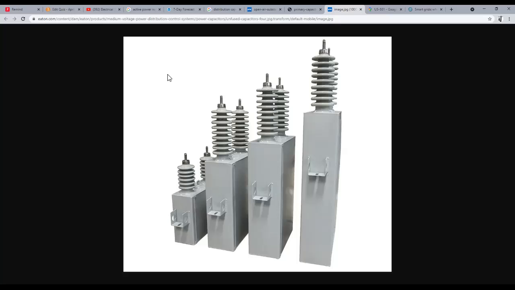All right, so I've got my 3 capacitor cells right here. Now the question, during transport or storage, do I need to short these cells? What I mean by short is, do I need to put a wire between the 2 terminals when I've got these in storage or transport?